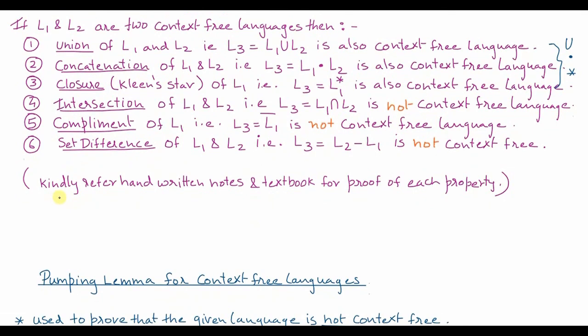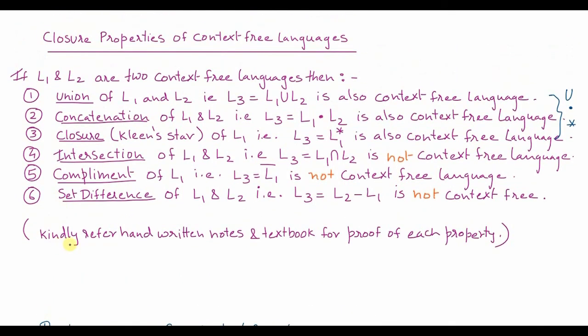So I would like to ask you to refer to my handwritten notes, where you will find solved proofs, and also the textbook PDF that I am going to share, in which you will find the proofs of each of these properties. Please go through the proofs of each of these properties.